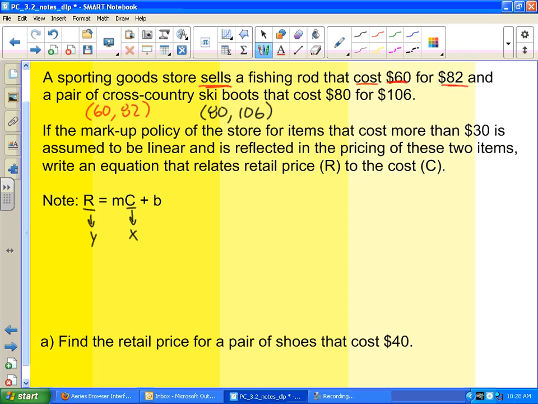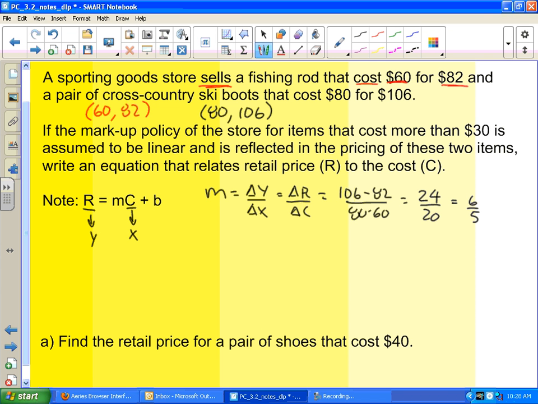And then from those 2 points, we use those to find my slope. And we have our change of y's, or our change of, in this case, r's, over change of costs. So 106 minus 82, and then we get 24 over 20, which is 6 fifths.